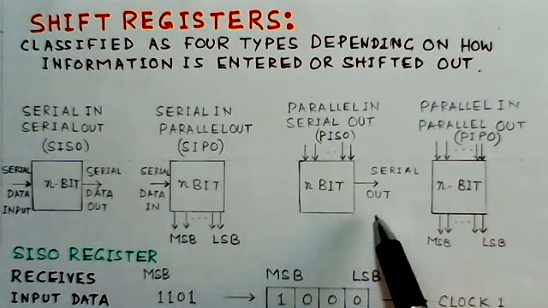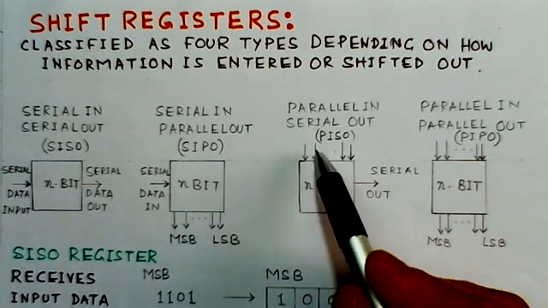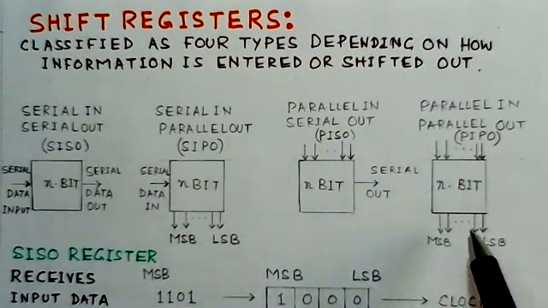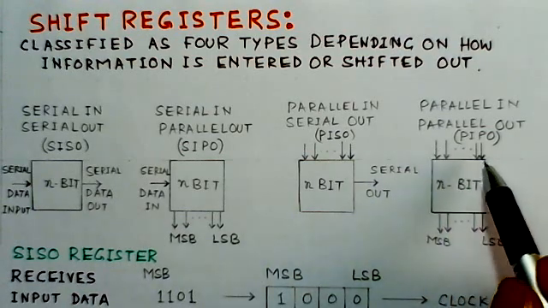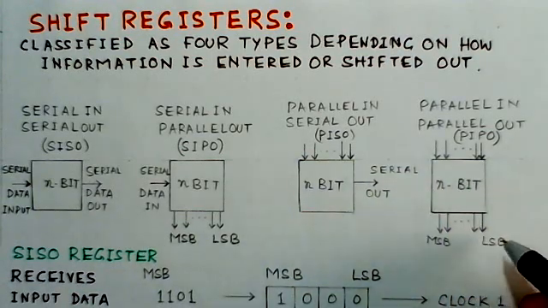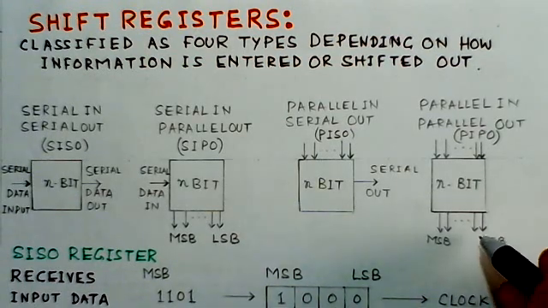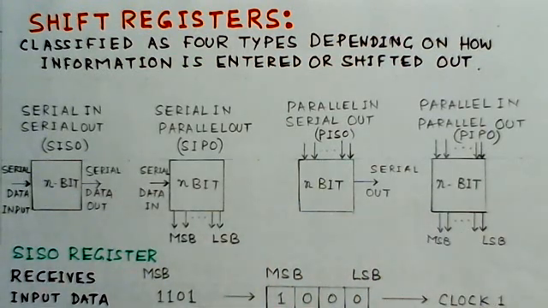And this is parallel in and parallel out, meaning data is entered in parallel and data is coming out also in parallel. So these are the 4 different types of arrangements for the data to be entered into the shift register and taken out from the shift register.